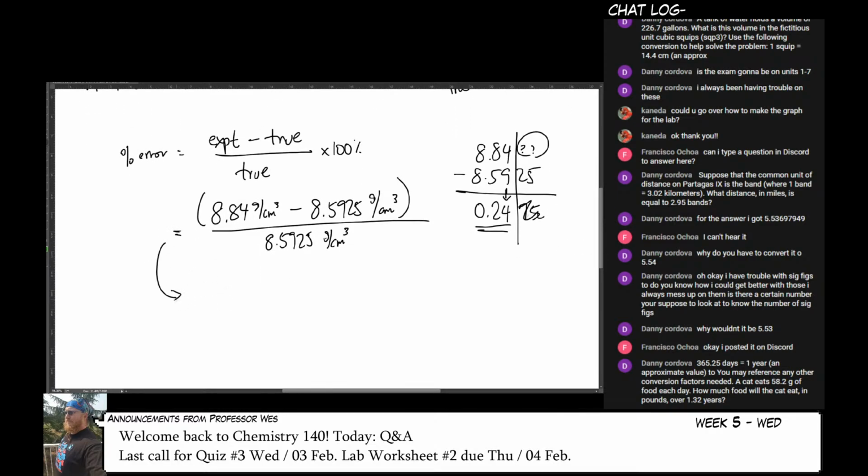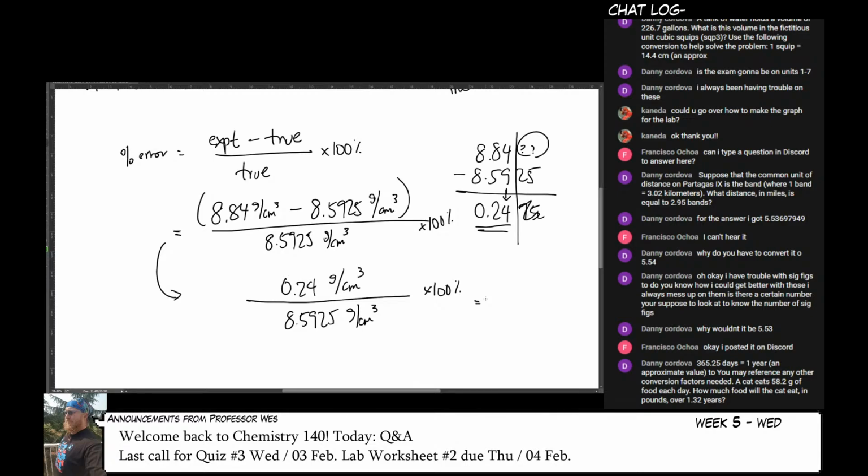So let's go to the next step. I forgot my 100% up here. This is all multiplication and division, so I'm going to just punch it in the calculator and get an answer.